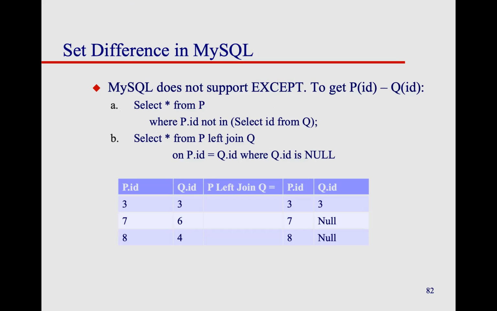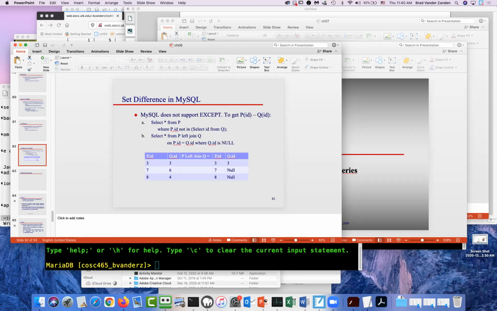Okay, so as a simple example, you see that in P is 3, 7, and 8, and in Q it's 3, 6, and 4.